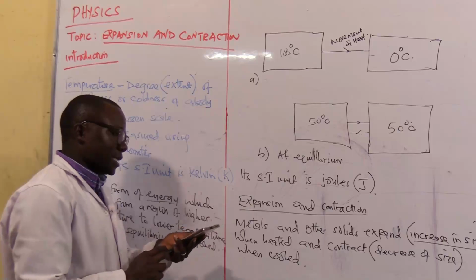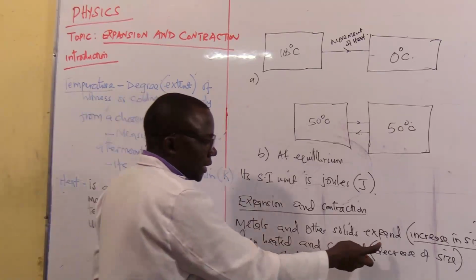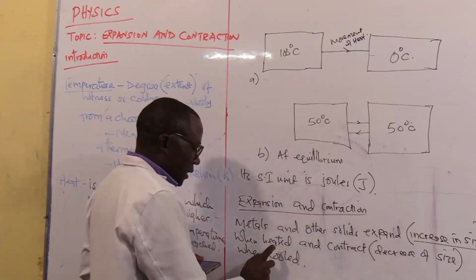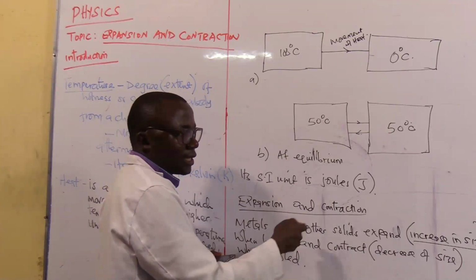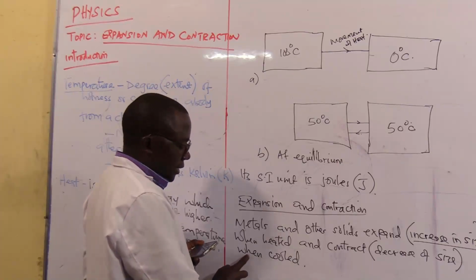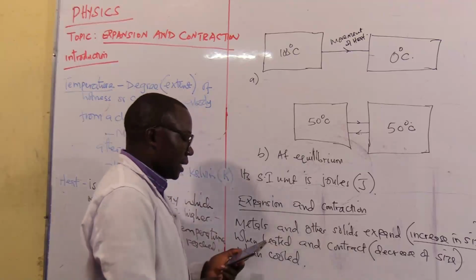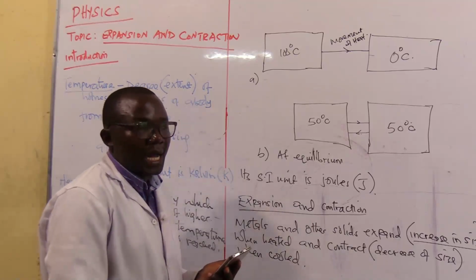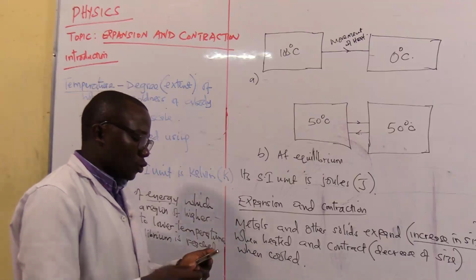So this is, in essence, what we are going to have: materials increasing in size when heat is applied to them, or the same materials decreasing in size when their temperature has been reduced, that is, when they have been cooled.